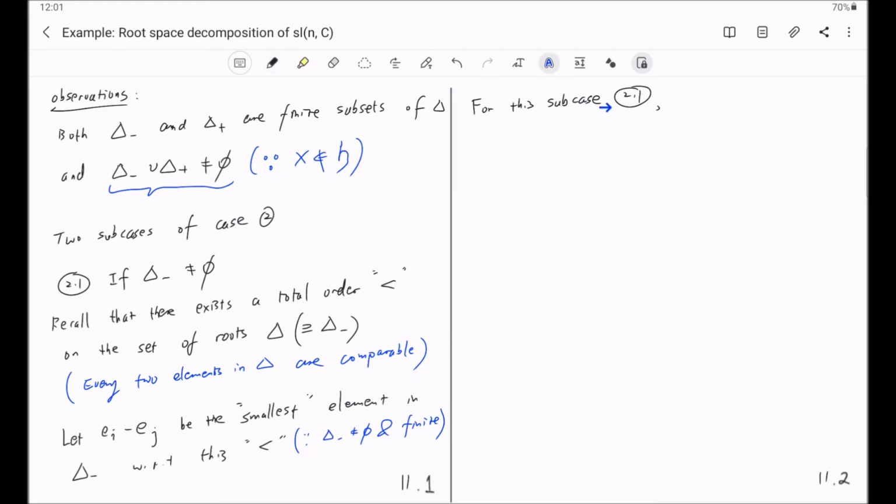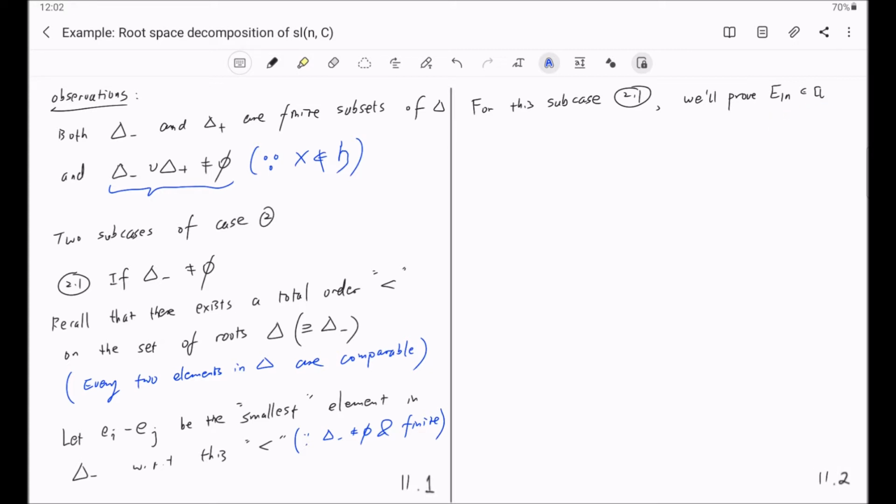For this subcase 2.1, we'll prove that E sub in is in A. And as you can imagine, for another subcase, namely when delta plus is non-empty, we'll prove symmetrically that E sub n1 is in A.